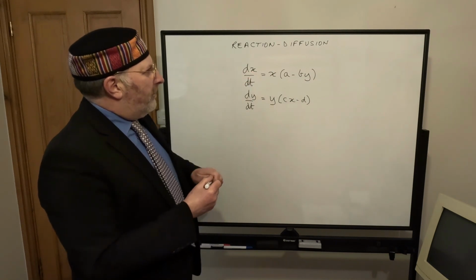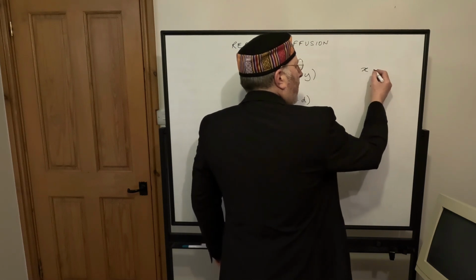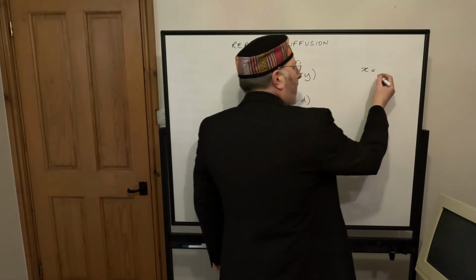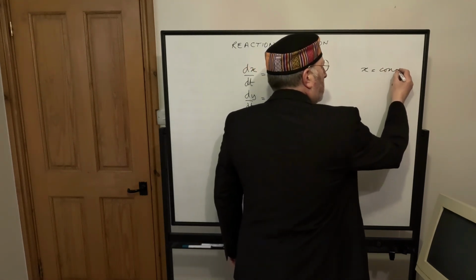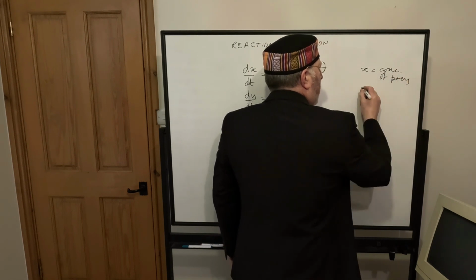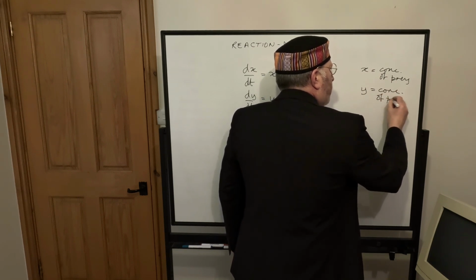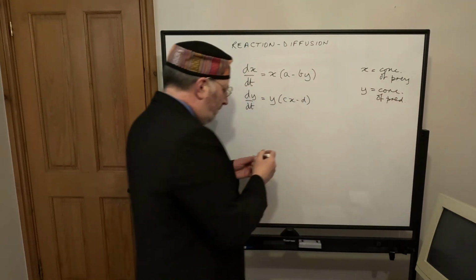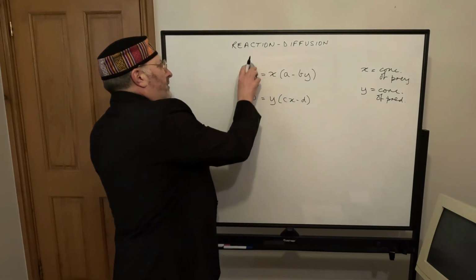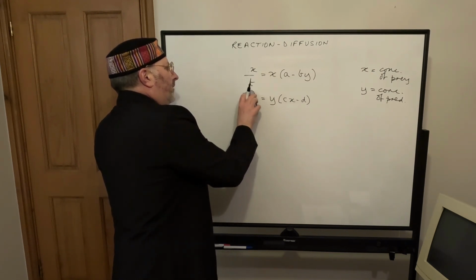So we'll think of these x and y not as numbers of rabbits and foxes or predators and prey, but as the concentration of, in this case, the prey, and y is the concentration of the predators. And in space. So we'll need to change this to a partial derivative.